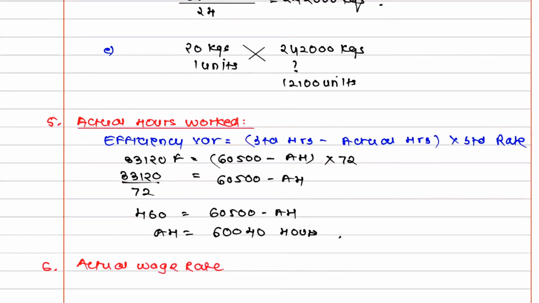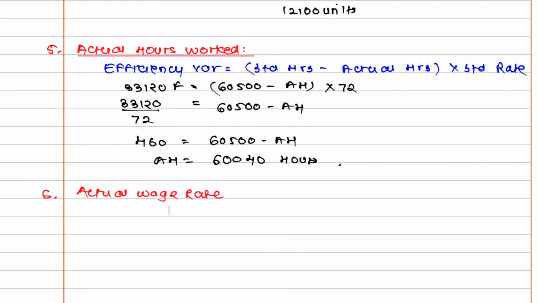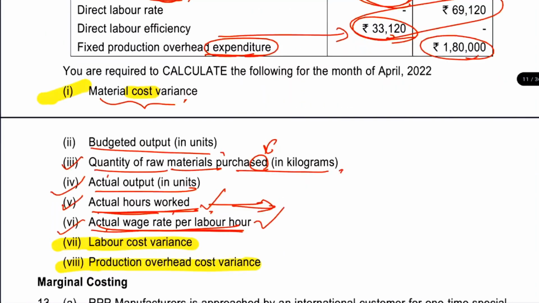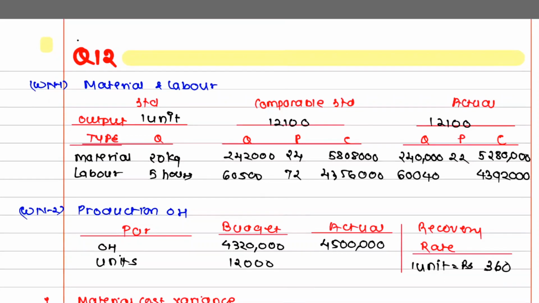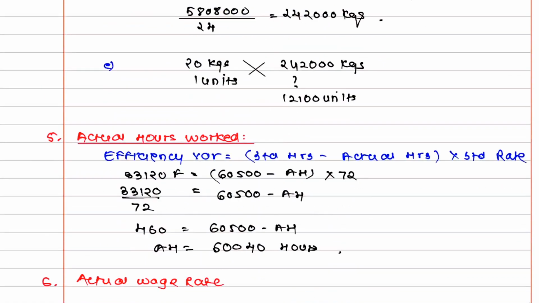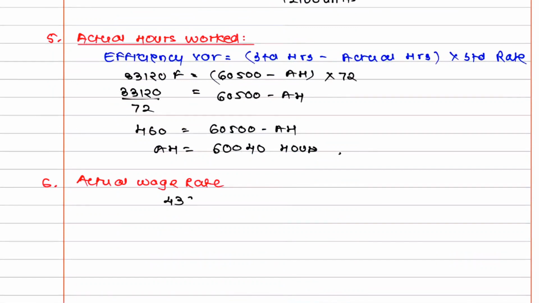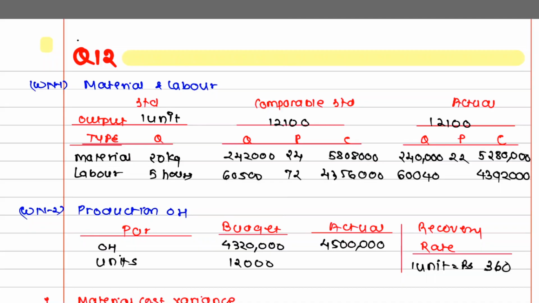Actual wage rate will be what divided by what? 43,92,000 is my actual cost, and this actual cost is for this many hours. So tell me: 73.15, right? Approximately per hour. So 73.15.